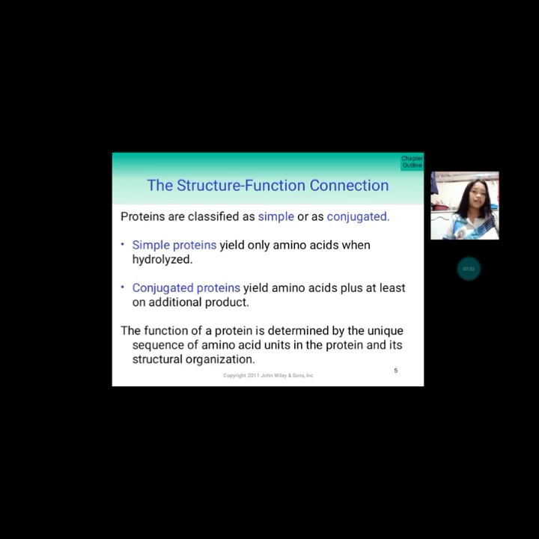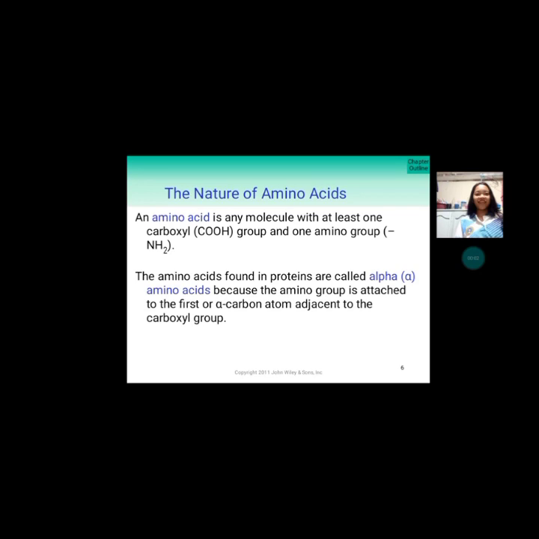The function of a protein is determined by the unique sequence of amino acid units in a protein and its structural organization. The nature of amino acids. An amino acid is any molecule with at least one carboxyl group and one amino group.